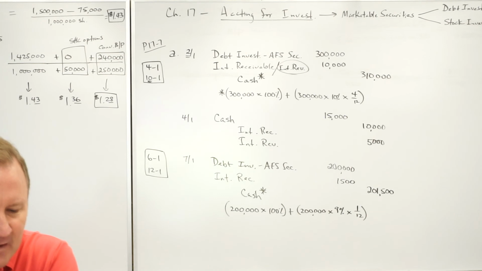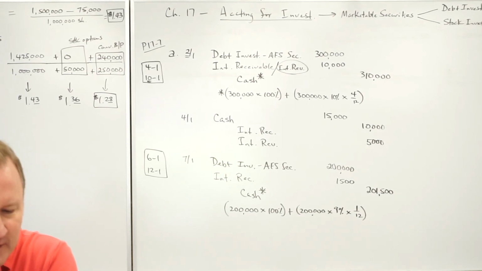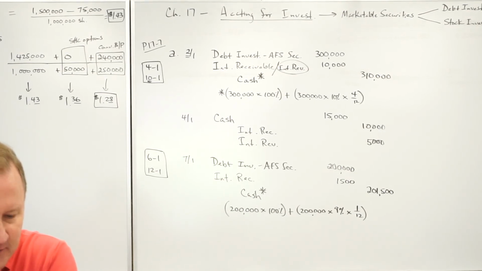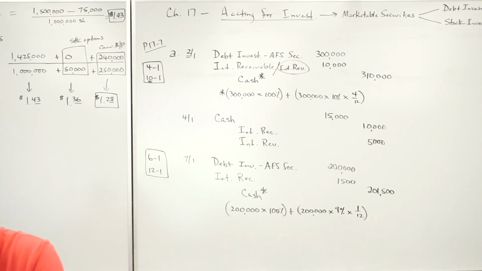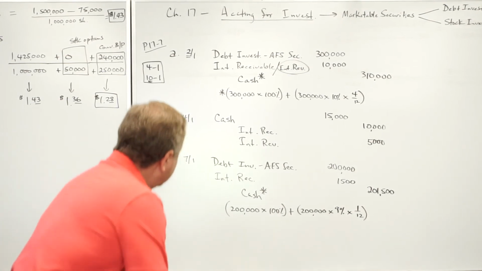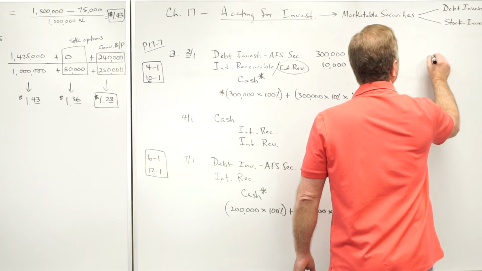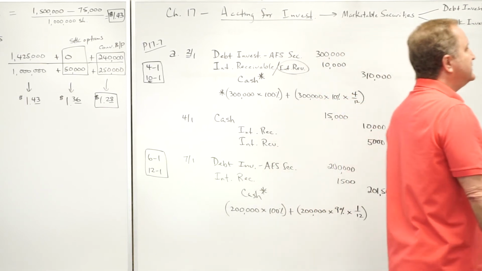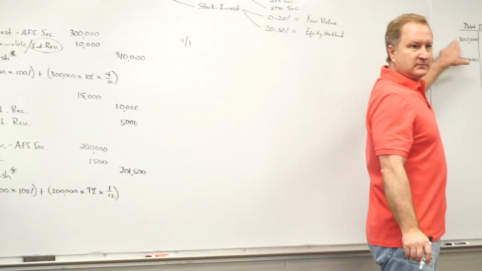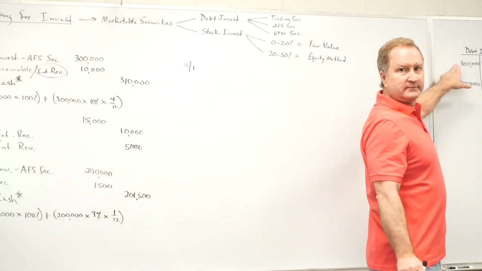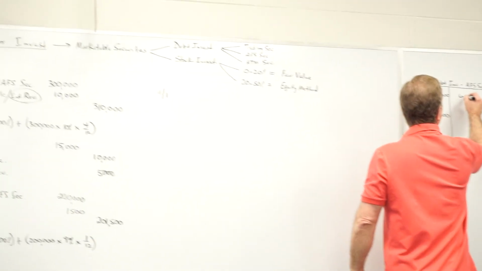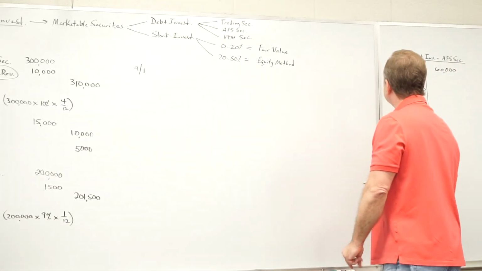Then number 4. On September 1, bonds with a par value of $60,000 purchased on February 1 are sold at 99 plus accrued interest. So bonds having a par value of $60,000, and it's these first bonds, the ones we bought on February 1.